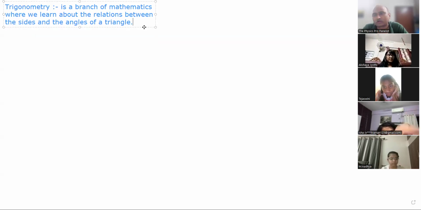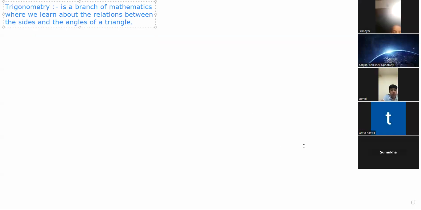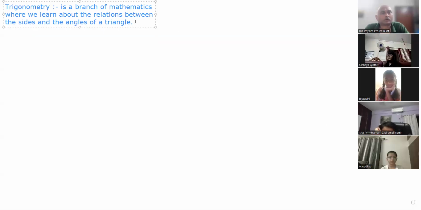All of you are aware about a triangle, yes or no? Tejaswini, Isha, all of you are aware about it, right? Very good. Anmol, Tina, please switch on your camera, beta. Okay. So trigonometry is a branch of mathematics where we learn about the relations between the sides and the angles of a triangle.